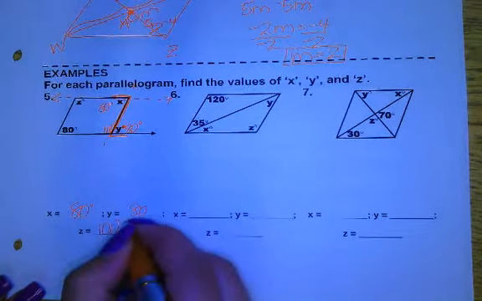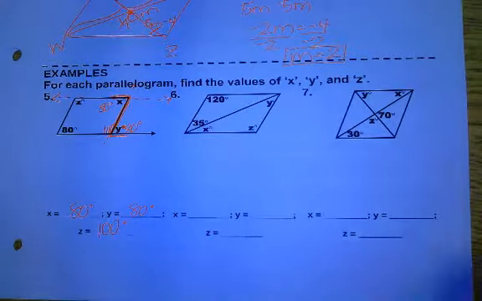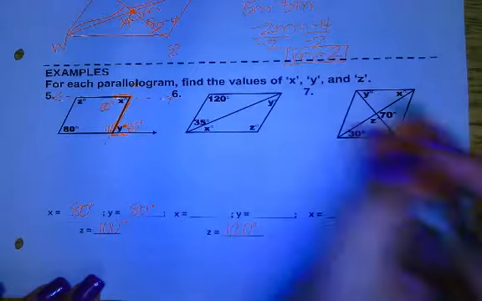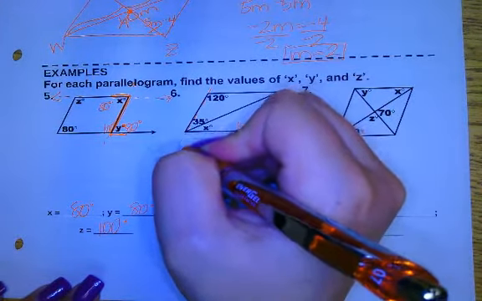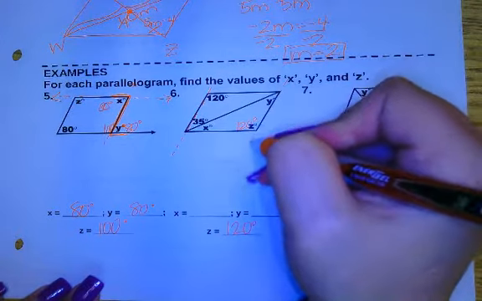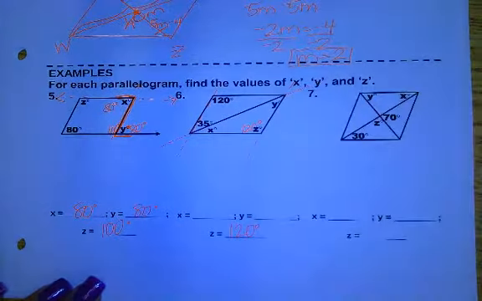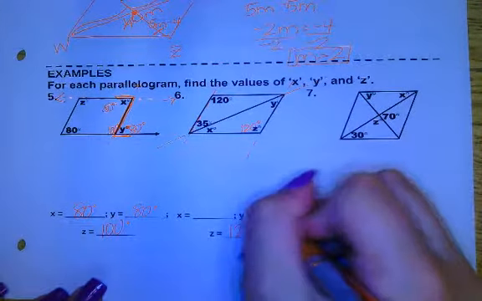Awesome. Okay, moving on to number 6. What's an angle that we know? Z, which is 120. If you extend some of your lines, it might help you. What other angle do you know? Y. How do you know Y? Alternate interior angles.